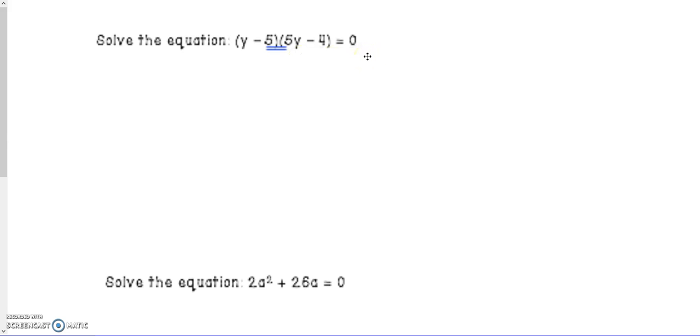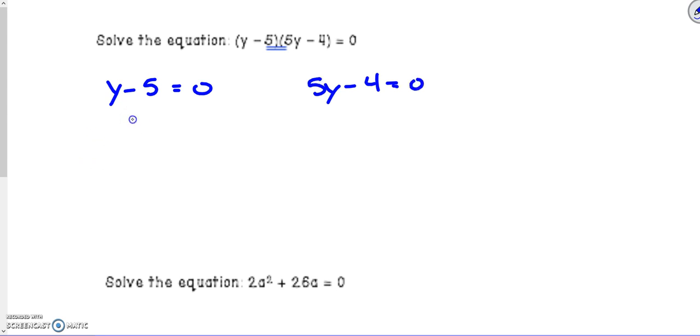The zero product property states that if this product equals 0, then at least one of these expressions has to equal 0. So then what we do is we take both expressions and set them equal to 0. So we have y minus 5 equals 0, and we have 5y minus 4 equals 0.